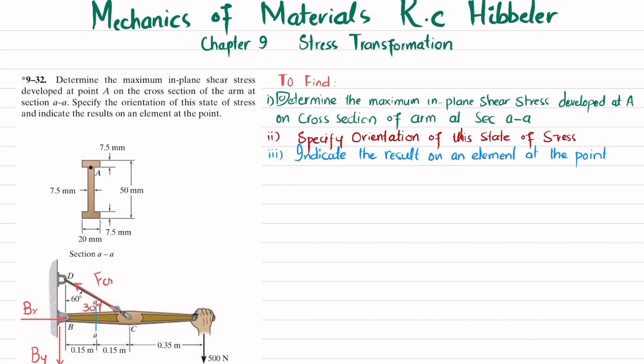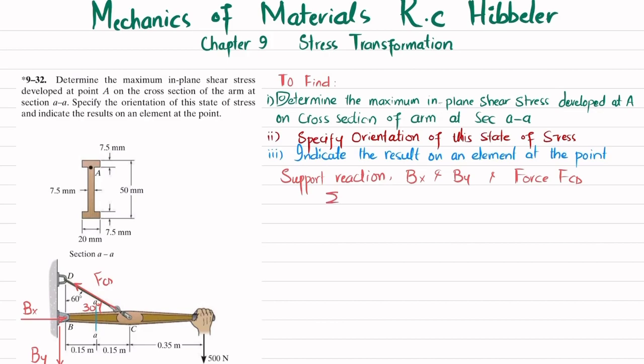Clear? So we will find these support reactions Bx and By and the force in the rope FCD by using equations of equilibrium.